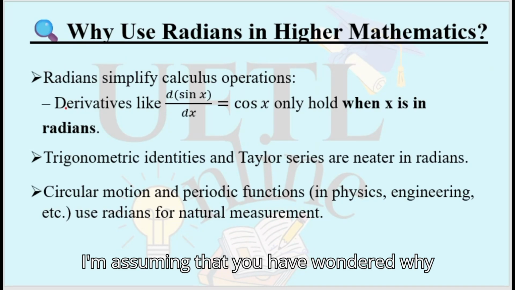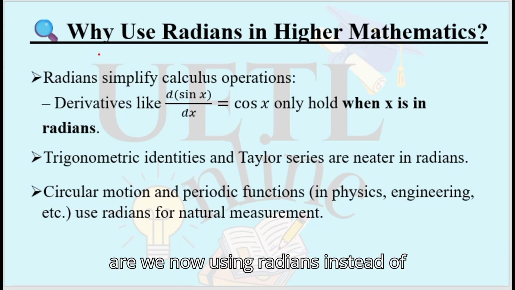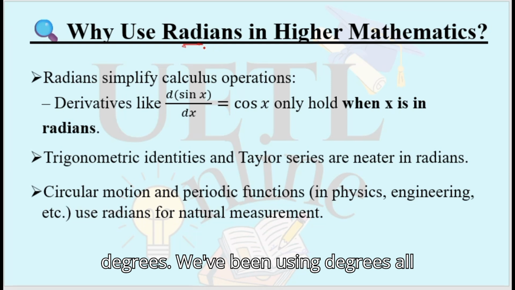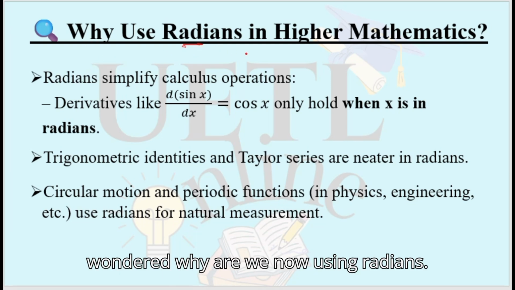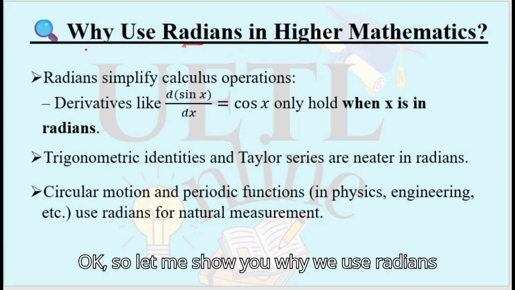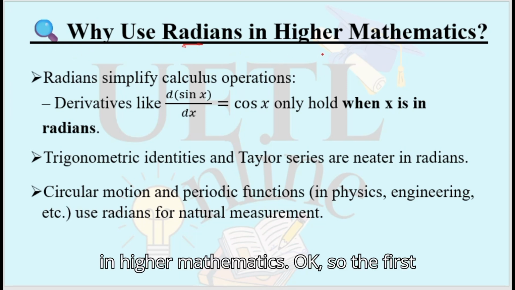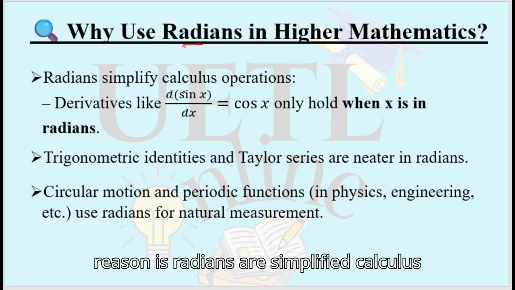I'm assuming that you have wondered why we are now using radians instead of degrees. We've been using degrees all along, and they are simple. So let me show you why we use radians in higher mathematics. The first reason is that radians simplify calculus operations.